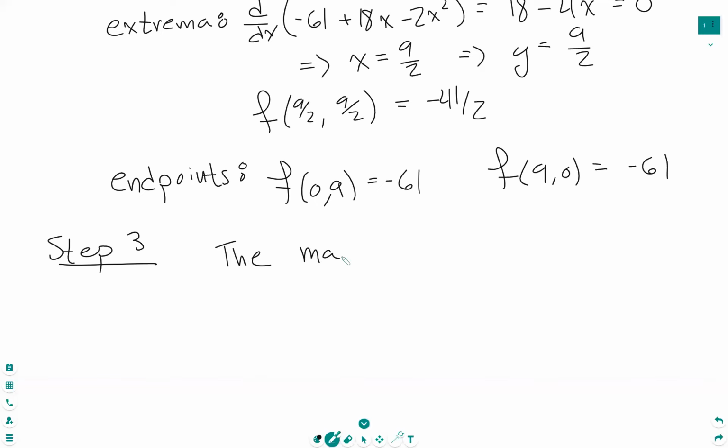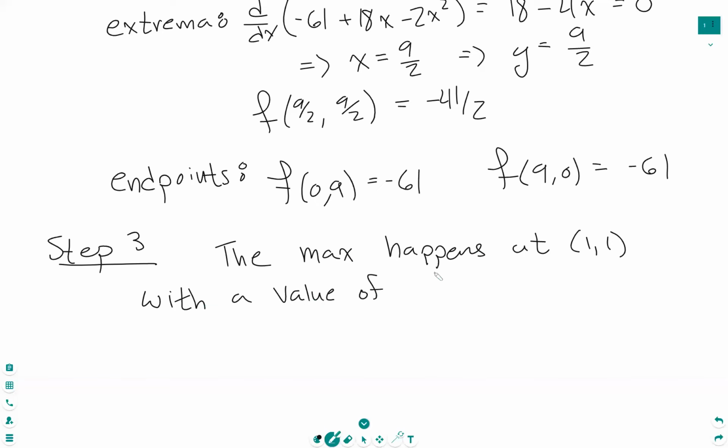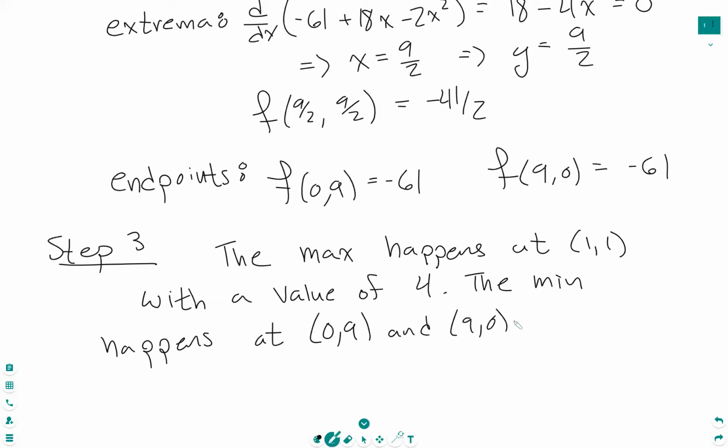So the max happens at 1, 1 with a value of 4, and the min happens at 0, 9 and 9, 0 with a value of -61.